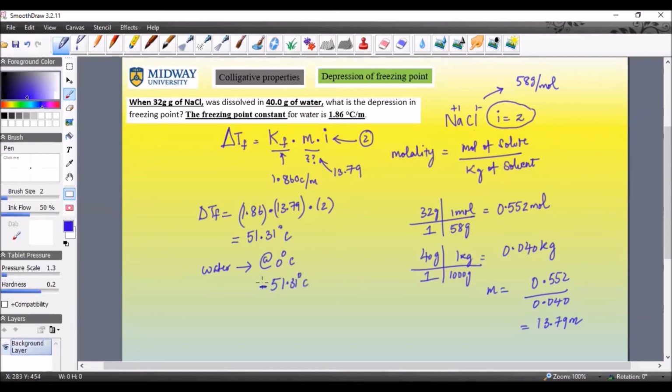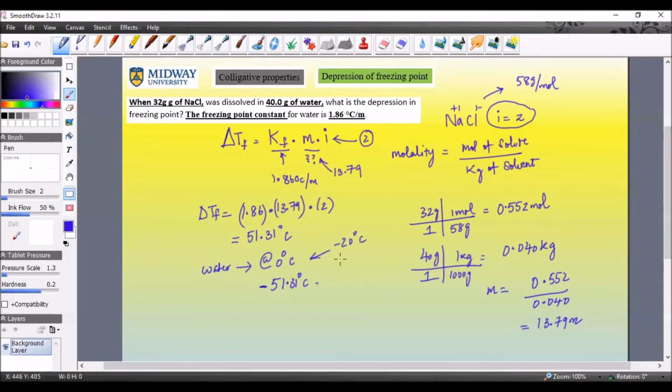That means when you add your salt to your freezing highway, if this much salt is added, of course you do have to add a lot more throughout the highway, when you add 32 grams of your salt on the highway, your temperature of the road drops from 0 to minus 51 degrees.